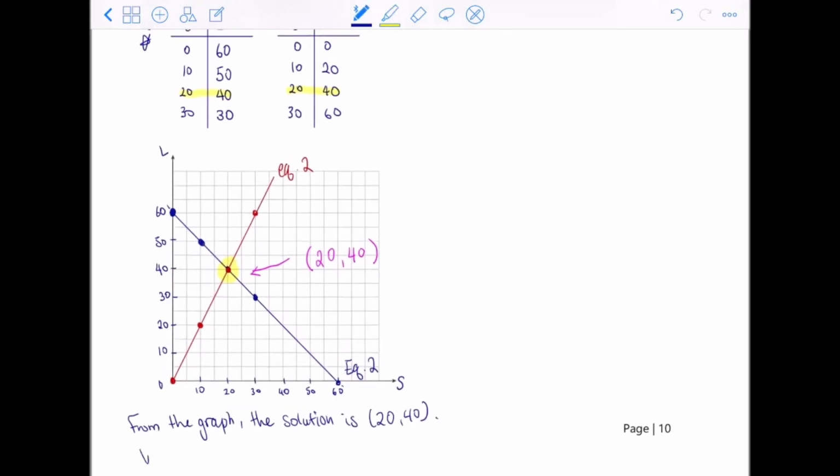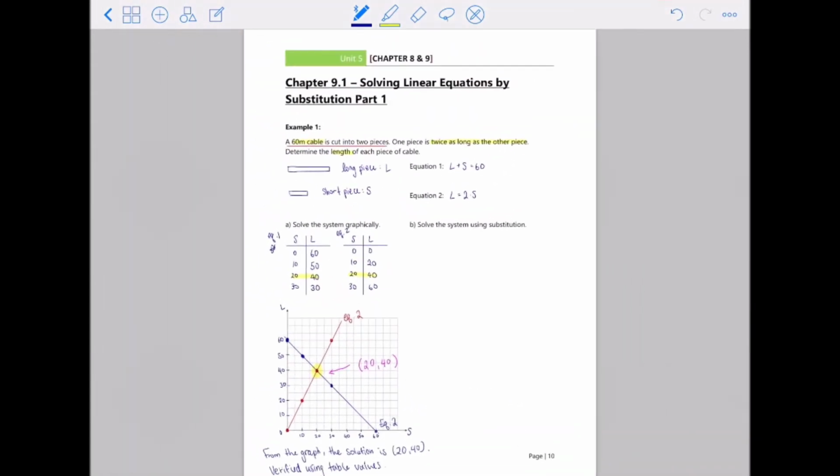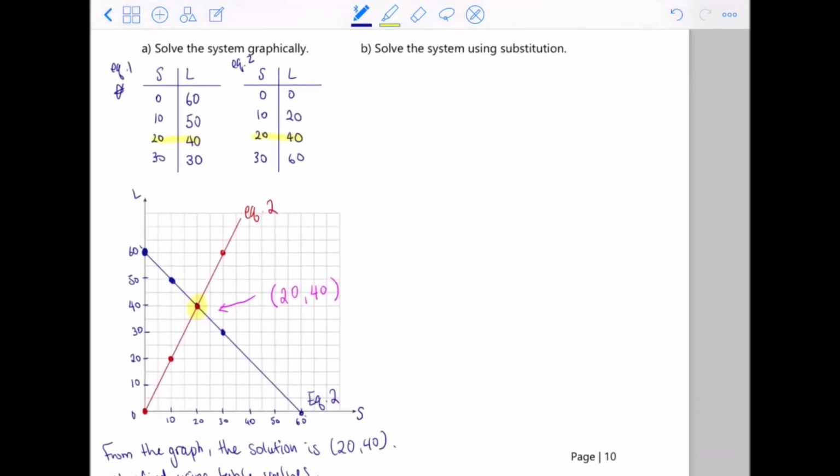So we can say verified using table values. And now for part B, we're going to solve the system using substitution.